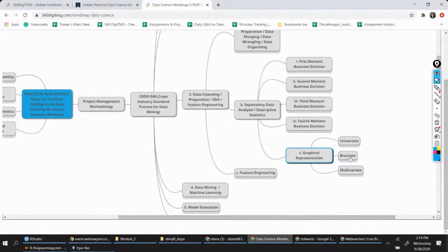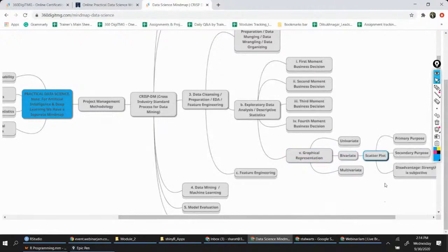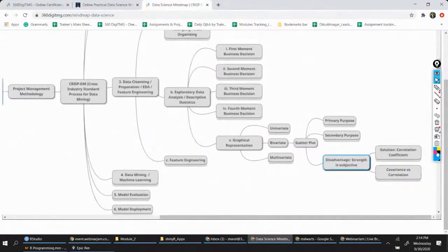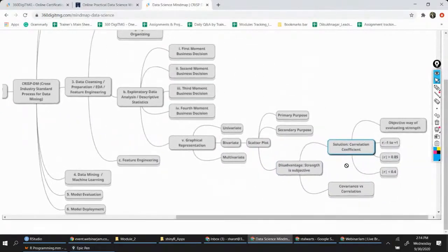That correlation coefficient is a constant. This is what scatter diagram talks about. This is the disadvantage: strength is subjective. So we go with correlation coefficient, which is represented using small r.